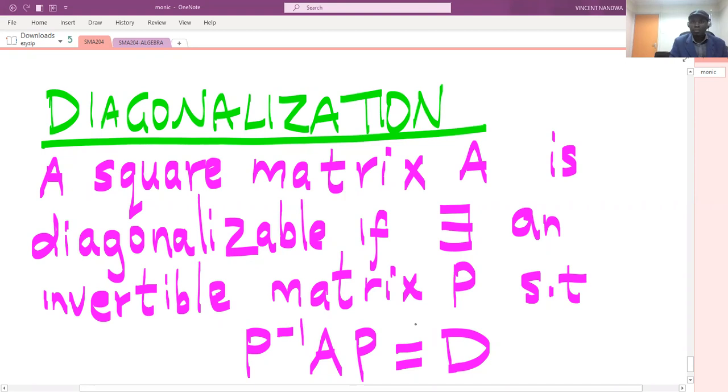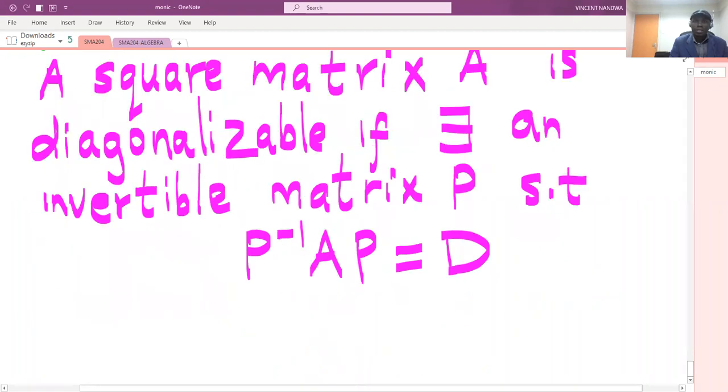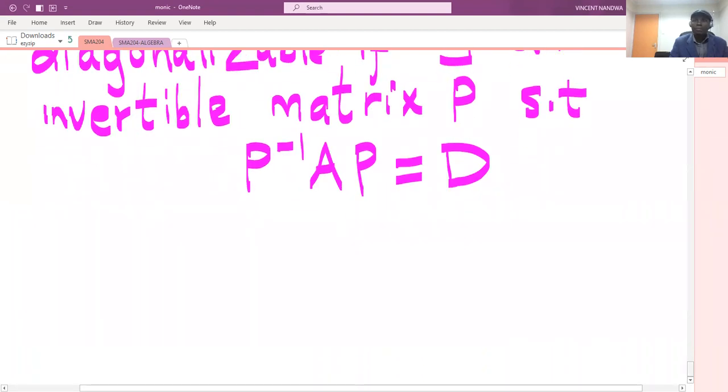But one thing that you have to remember is that not all square matrices can be diagonalizable. So I'll illustrate some examples, 2 examples to be specific.